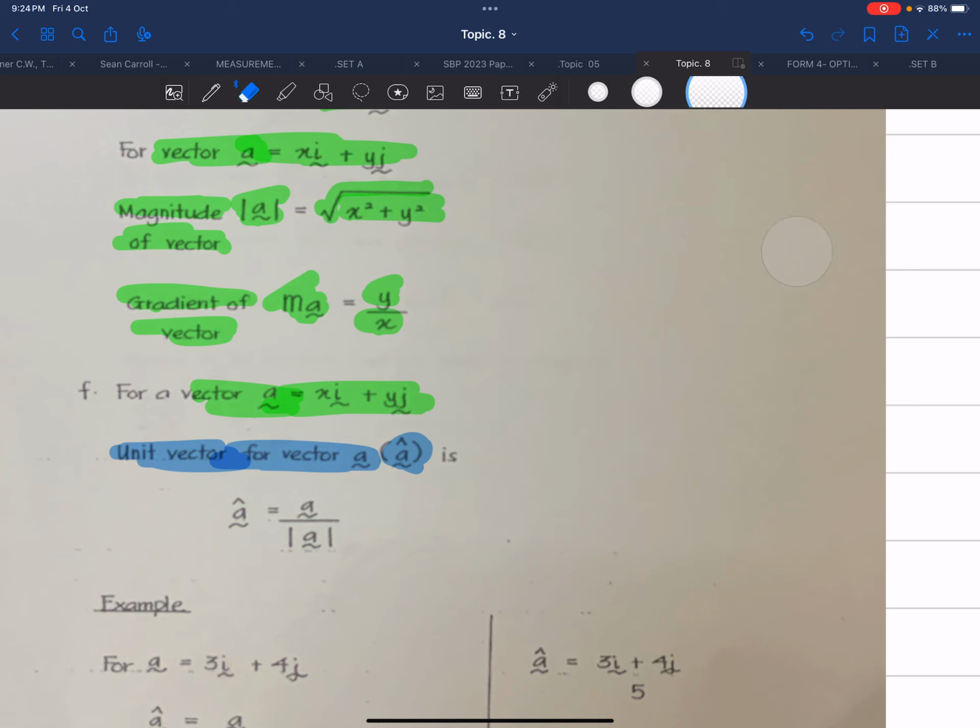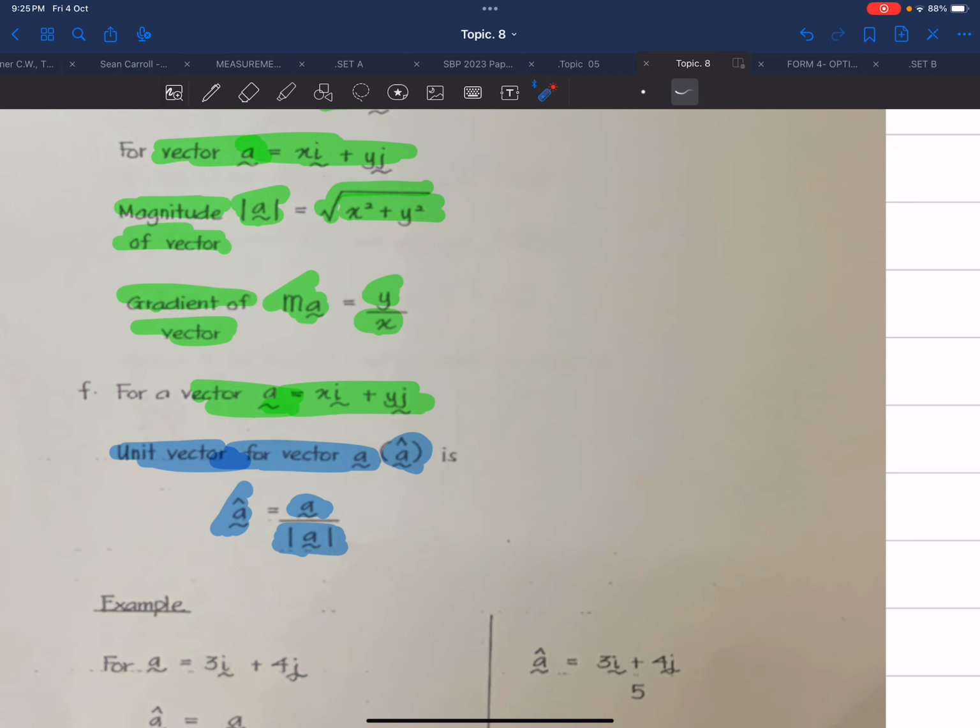Now you watch. For a vector A, which is xi plus yj, the unit vector for the vector A, labeled as A hat, you take the vector A and divide by the magnitude of the vector A. To find the unit vector, take the vector A, divide by the magnitude of the vector.